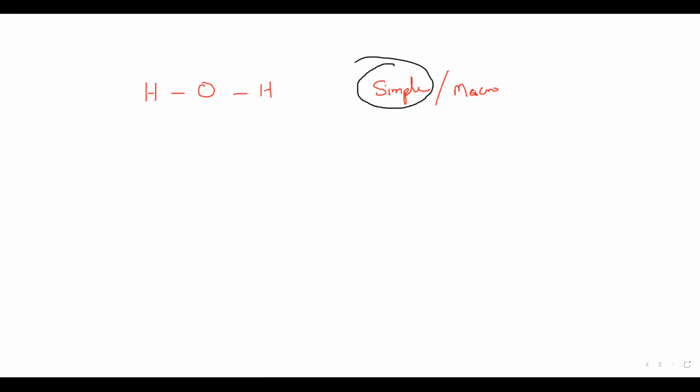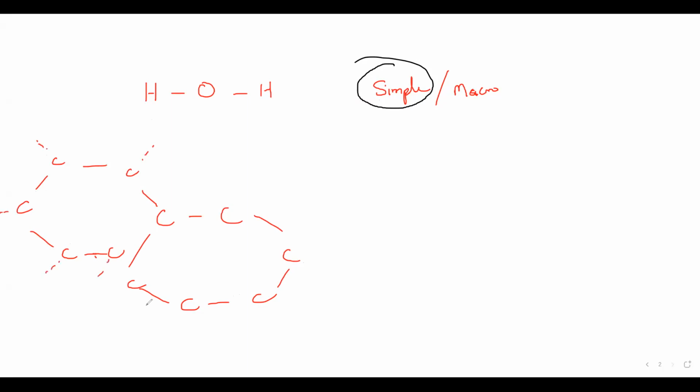But if I draw another structure, and the dotted lines are there, what is the meaning of this dotted line? The dotted line means that the structure continues, it's going on, a lot of atoms are there. So what kind of structure is this? Is it a simple or a macro?